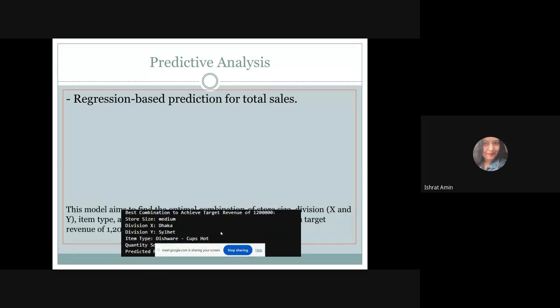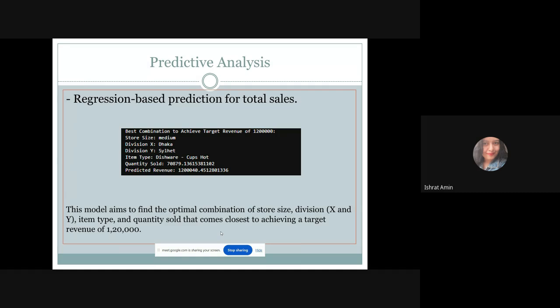Here I have also incorporated another regression-based prediction. The main aim of this model is to find the optimal combination of store size, division, item type, and quantity sold, which can be the optimal point for achieving a revenue of 120,000.